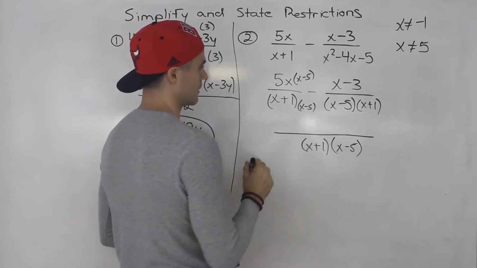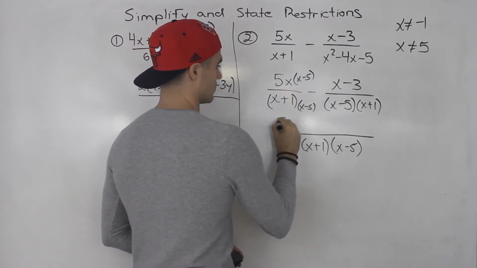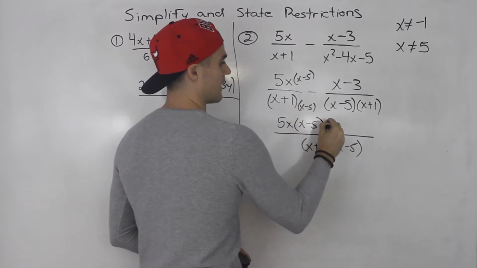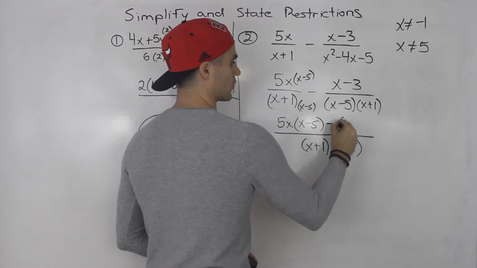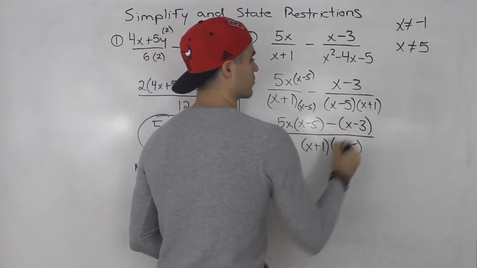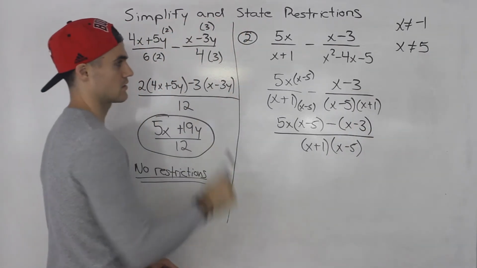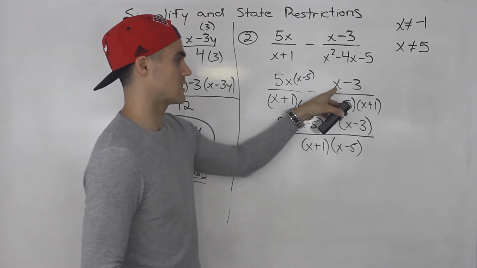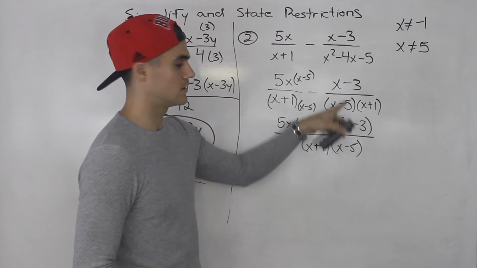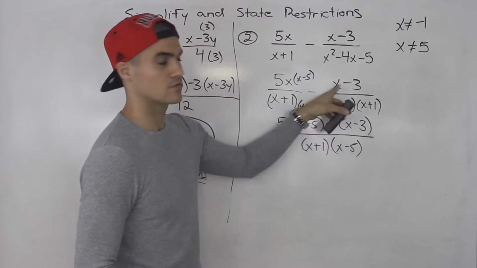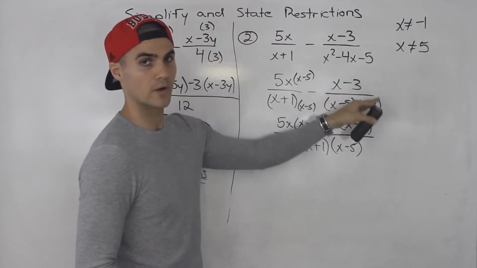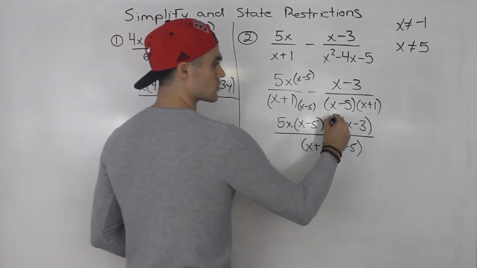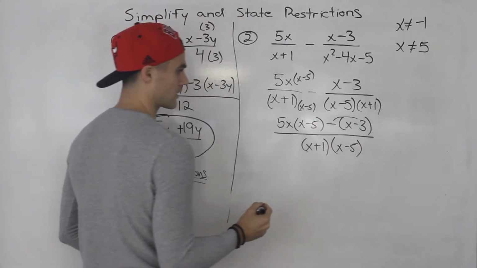So we would write 5x(x minus 5), and then subtract that whole term, but that whole term is in brackets, as I mentioned here. When you're subtracting this, if this is 2 terms, or even if it's 3 terms, 2 or greater, got to put that in brackets. So then you're going to have to distribute that negative inside the bracket.